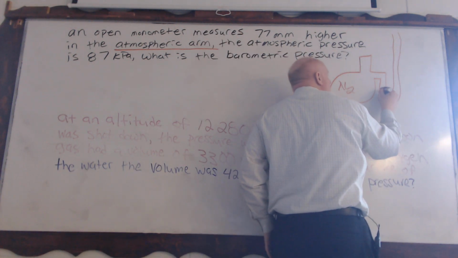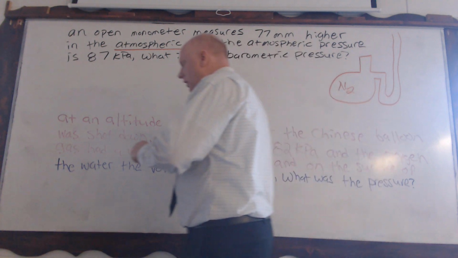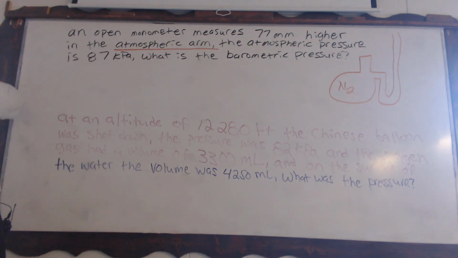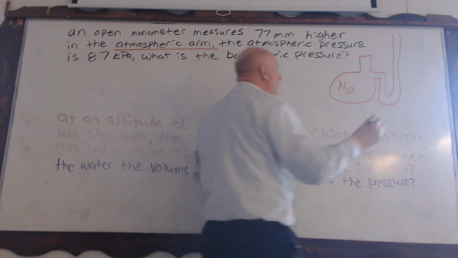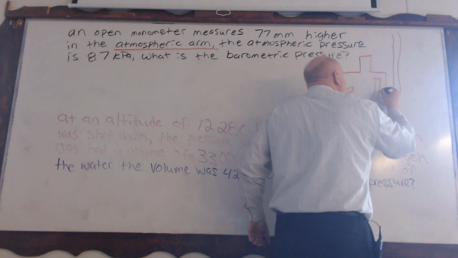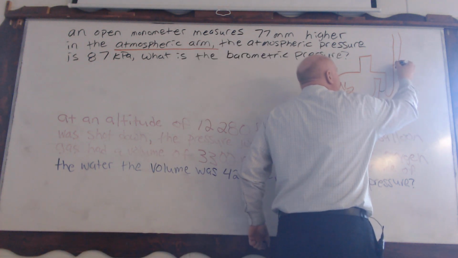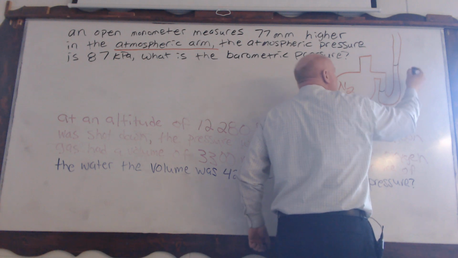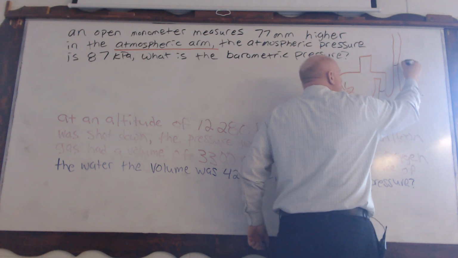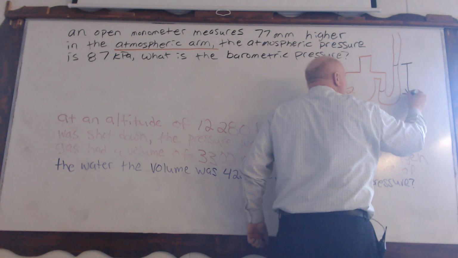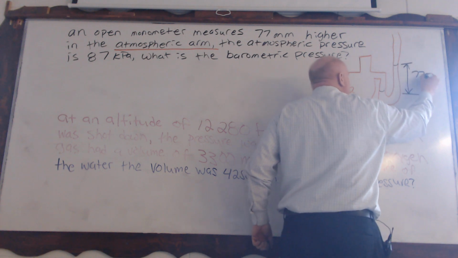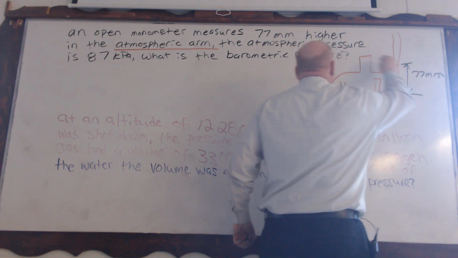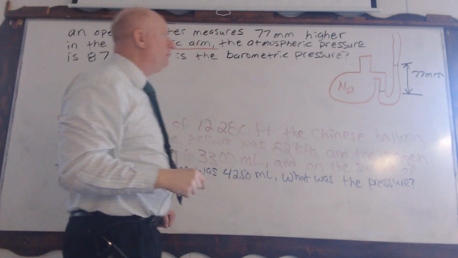So we'll approximately put a different color in there. And not that the increments have to be that accurate, but from here to here, there is a difference of 77 millimeters, because that's what's given in the problem here.